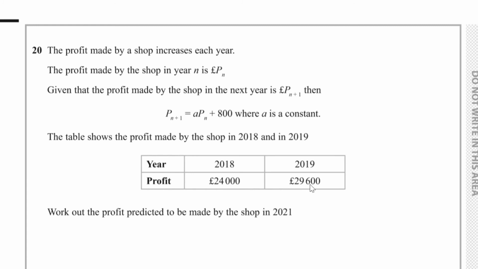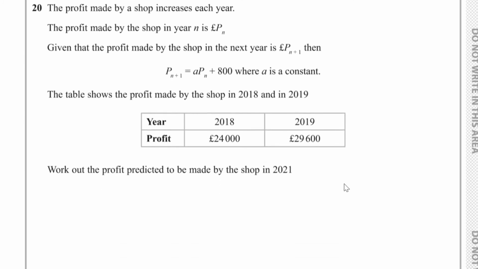In 2019, the profit is 29,600. So with this, we can find out what A is. The profit in 2018 is equal to £24,000.